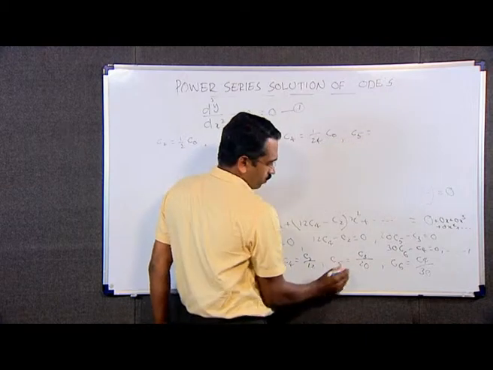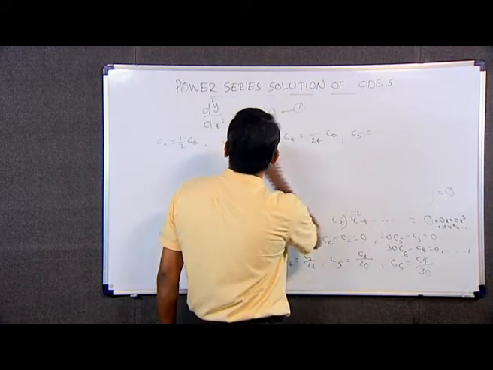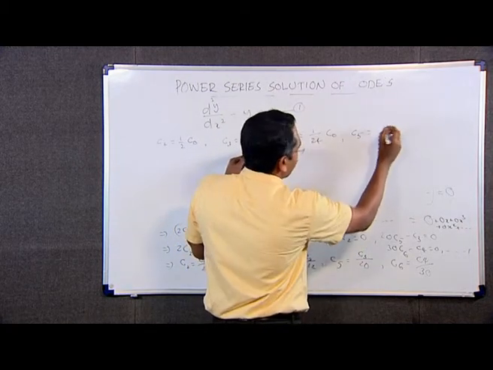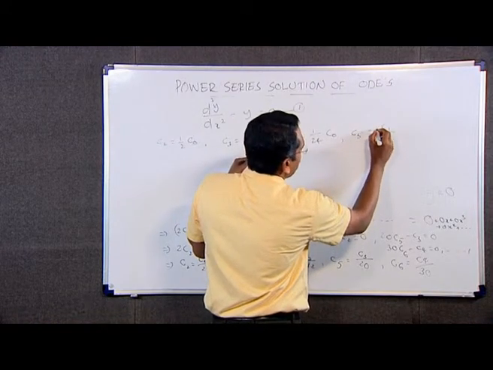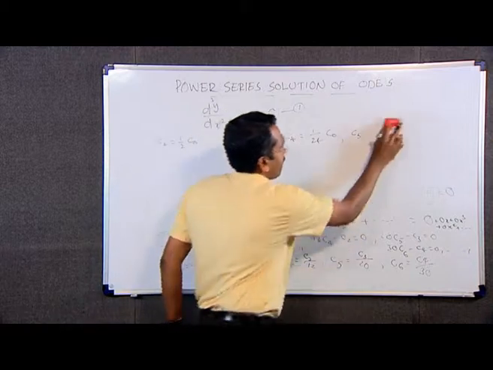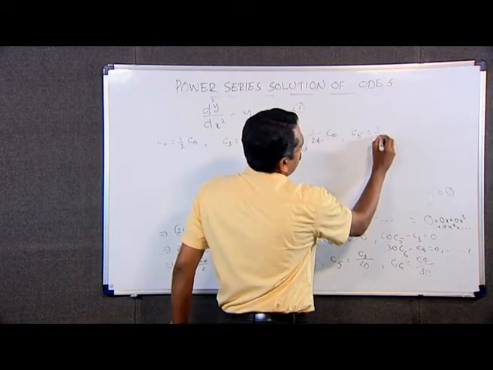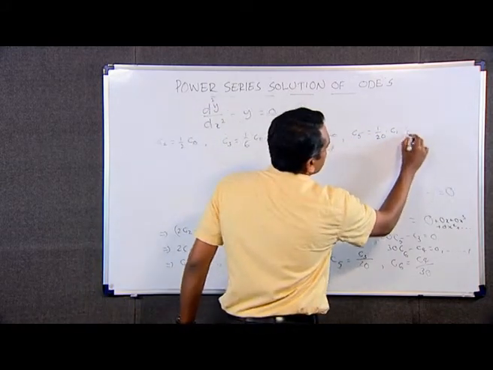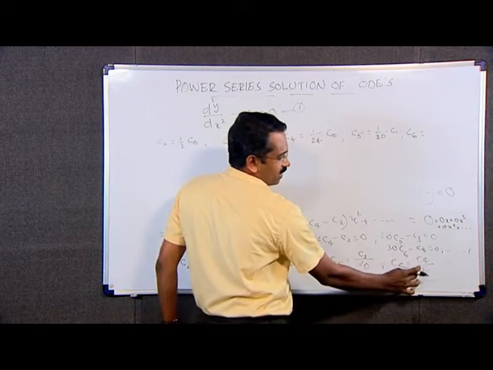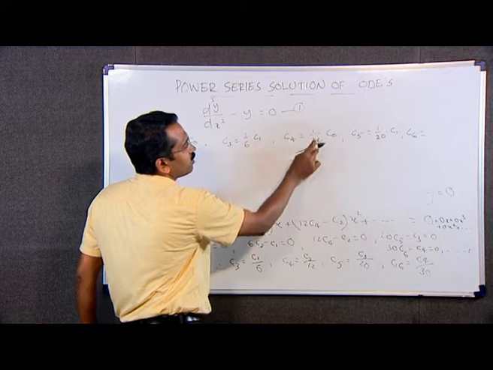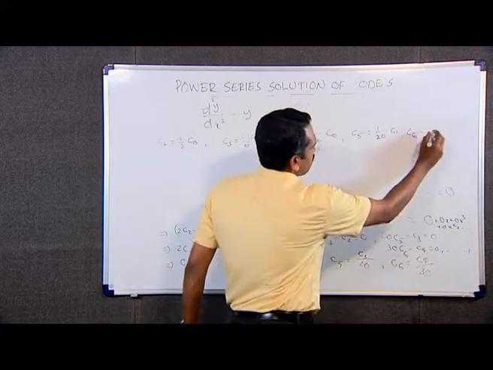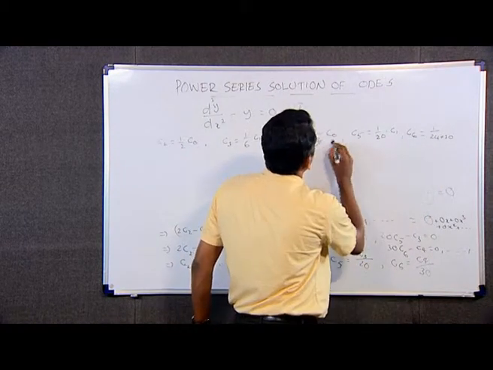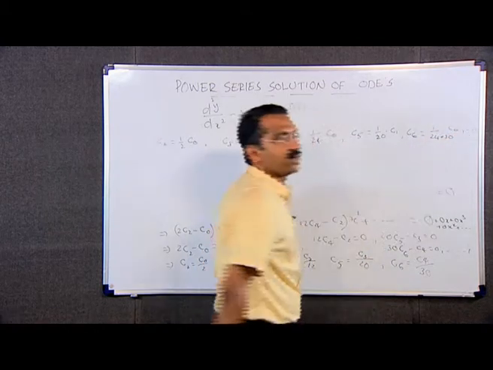C5 is equal to C3 by 20. C3 is 1 by 6 C1 divided by 20 means 1 by 120 into C1, which is C5, and C6 is 1 by 30 into C4, but C4 is 1 by 24 into C0. That means 1 by 24 into 30 C0, etc.